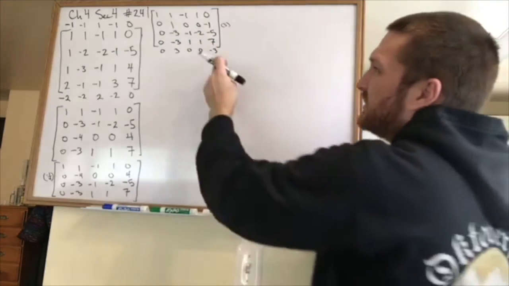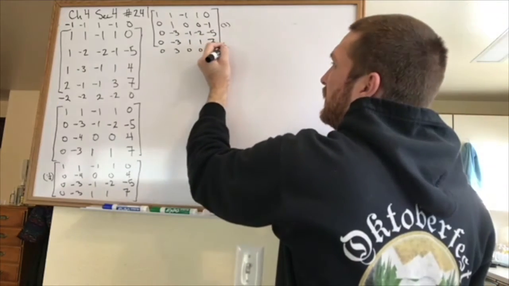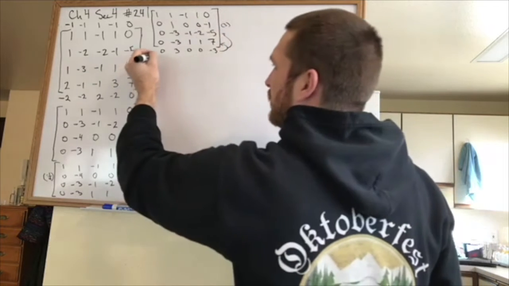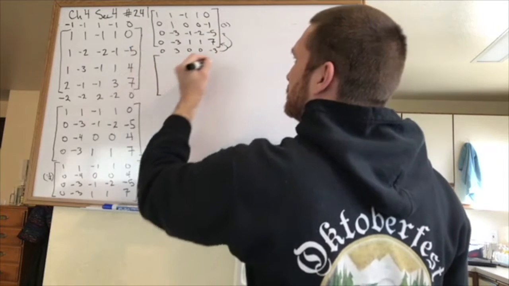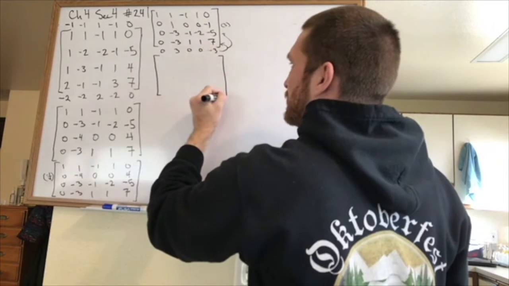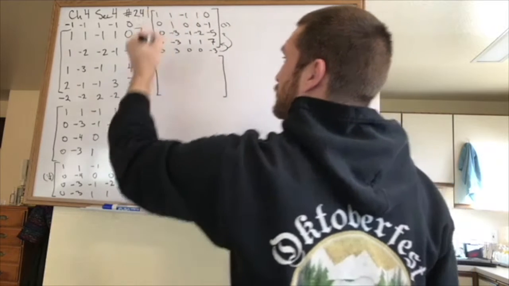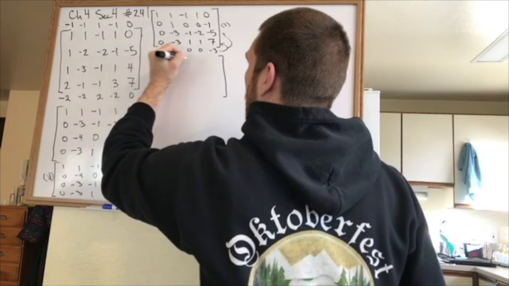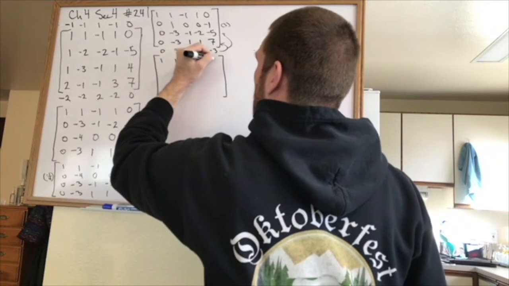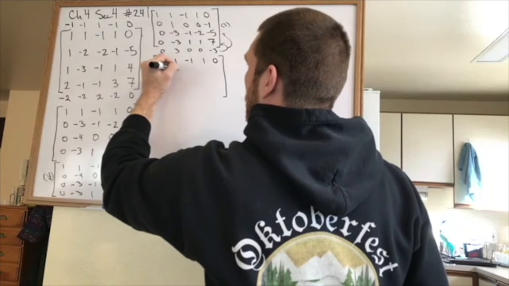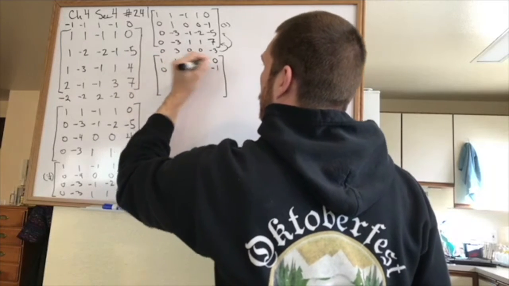Okay, now I'm just going to add that to each one of these rows. I'll do that all at once here. So I'm going to write down the rows I'm not changing. That's the first 2 rows. 1, 1, negative 1, 1, 0, 0, 1, 0, 0, negative 1.